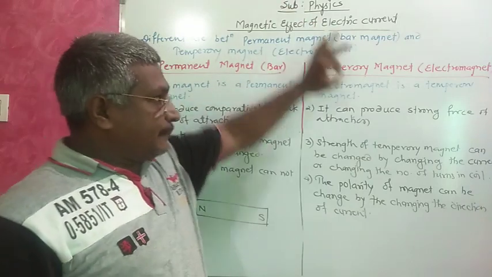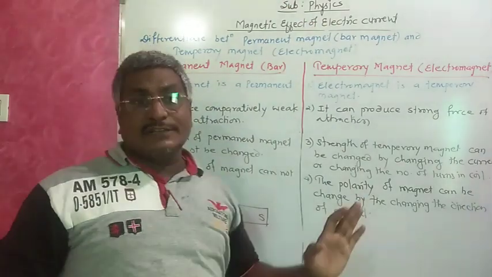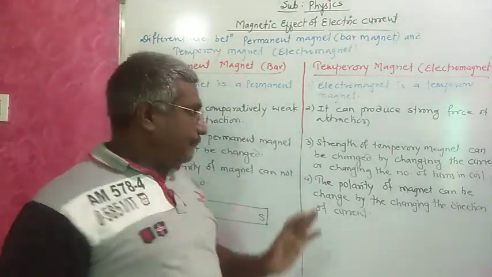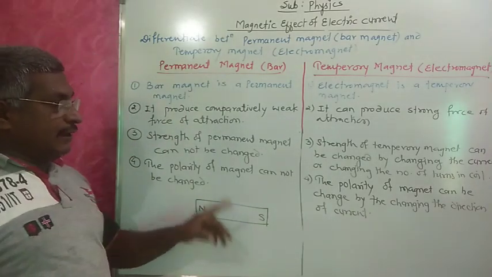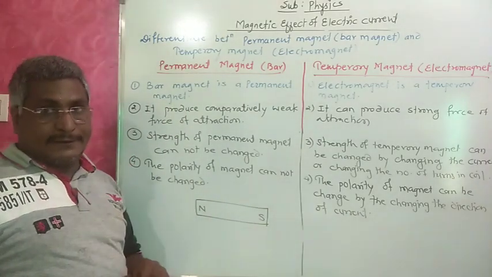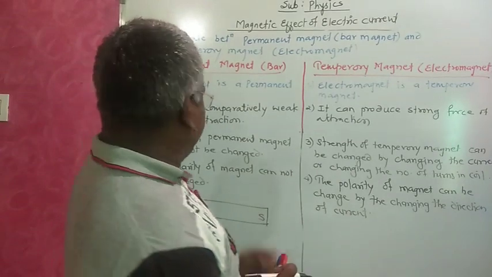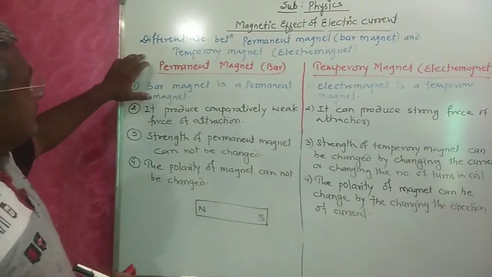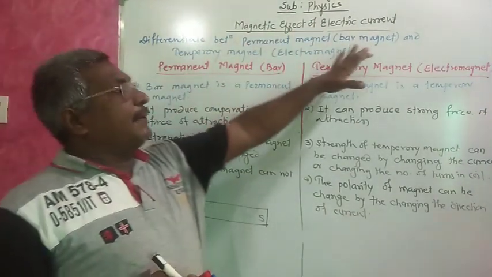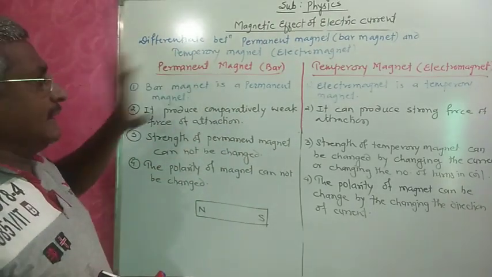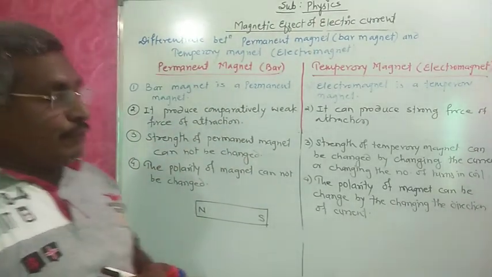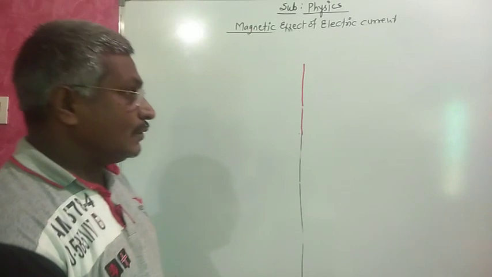So in a temporary magnet we can change the polarity, but in a permanent magnet we cannot change the polarity. So understood, students? This is the difference between permanent magnet and temporary magnet. So we will go on to the next.